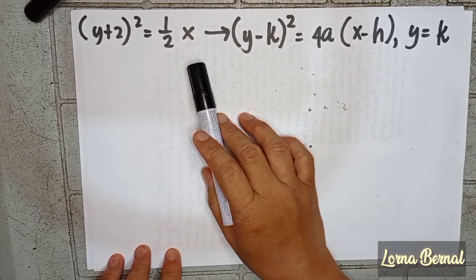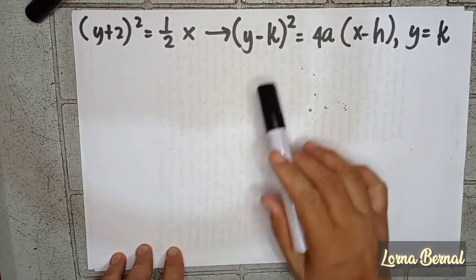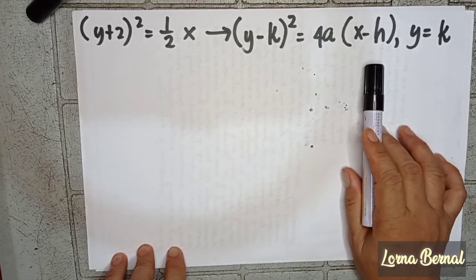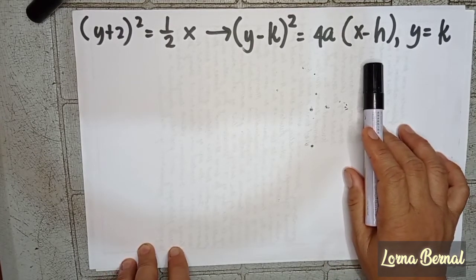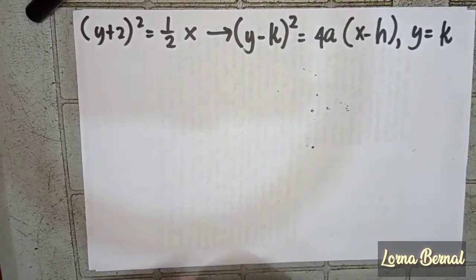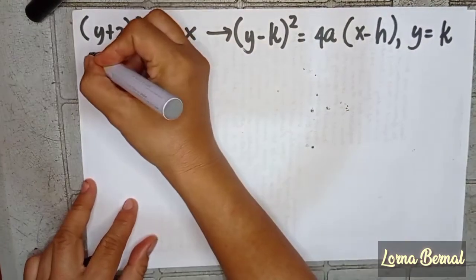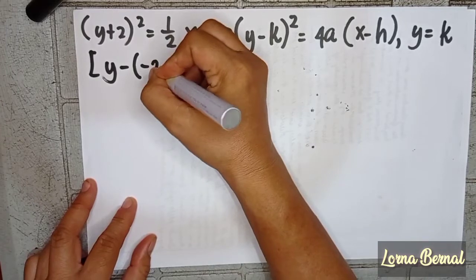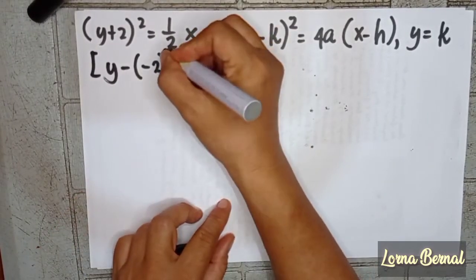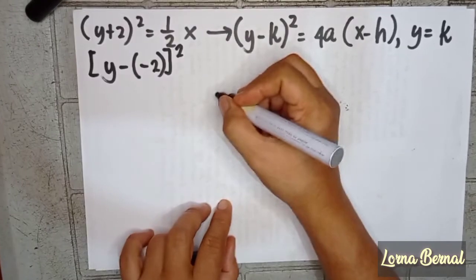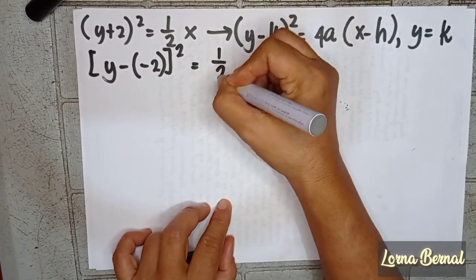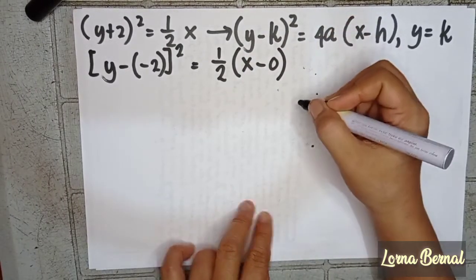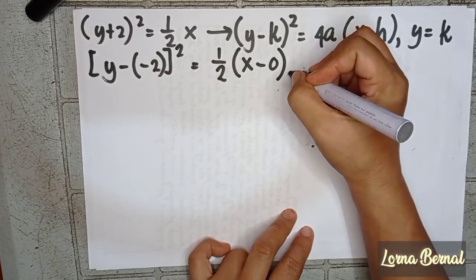So, here, since the form of the equation is y minus k squared equals 4a quantity x minus h, this equation here can be written as y minus negative 2 squared equals 1/2 x minus 0.